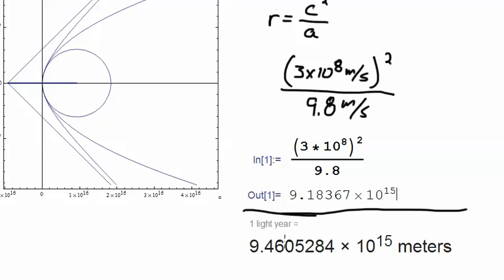So it is entirely coincidental that the Rindler radius of 9.8 meters per second squared is about the same as 1 light year, but it is kind of an interesting coincidence. So just as a reminder, the equation for this parabola here would be x equals 1/2 at squared.